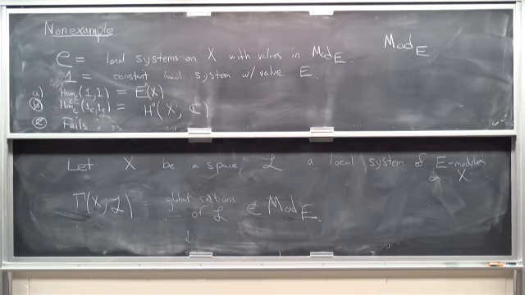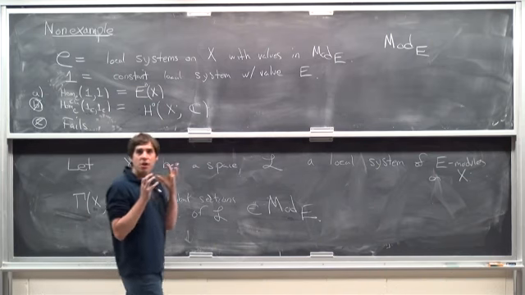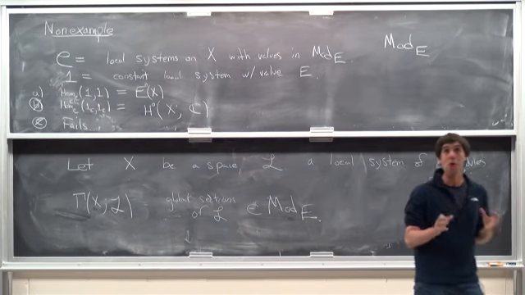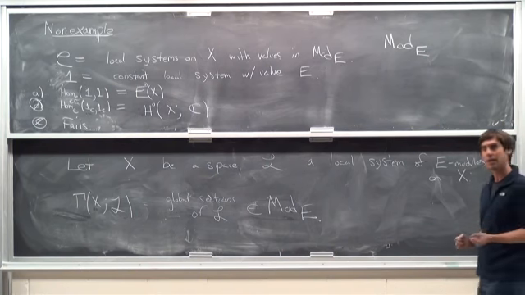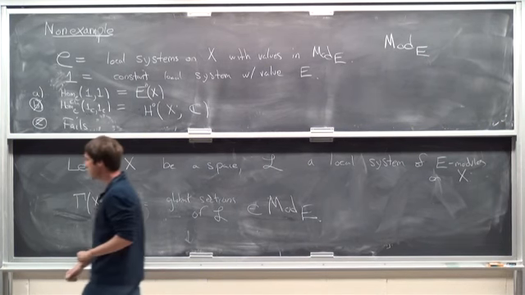But if you have a local system of E modules on X, then the cohomology groups of X with coefficients in L are not just modules over the E cohomology of a point. You get modules over the E cohomology of X. So we can say something even better.